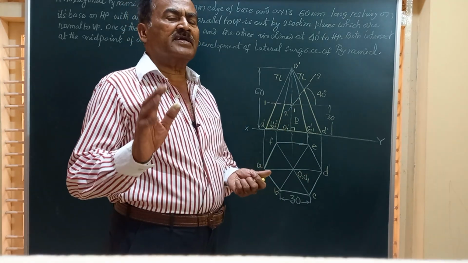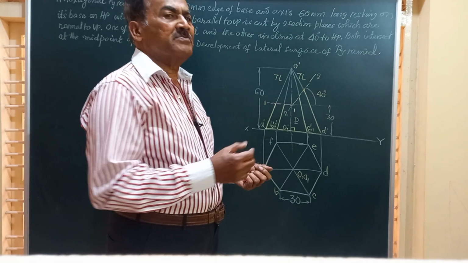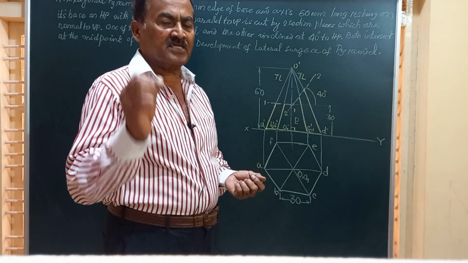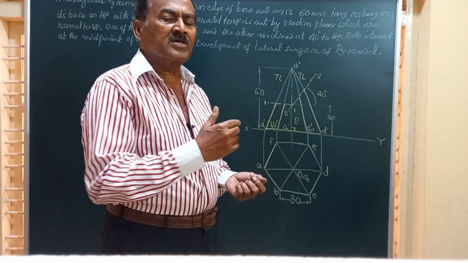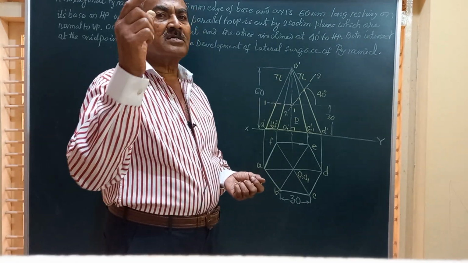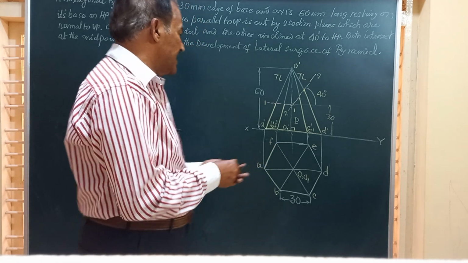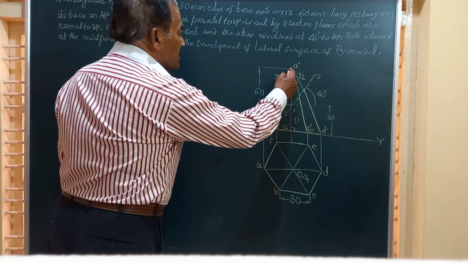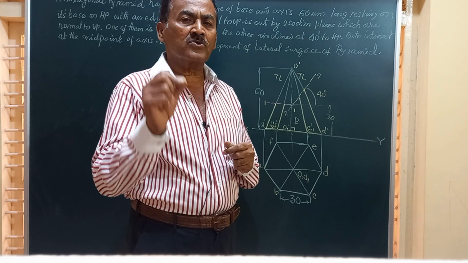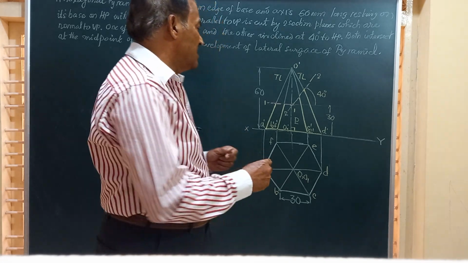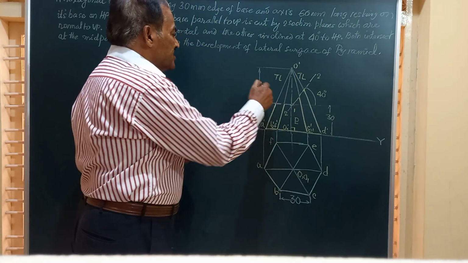Now first of all, let us assume that this pyramid is not cut by any section plane, and let us draw the development of that, in which you will have six triangular faces on its lateral surface. So friends, you know very well that all the developments are drawn to true size or actual size. So here O dash A dash is the true length.